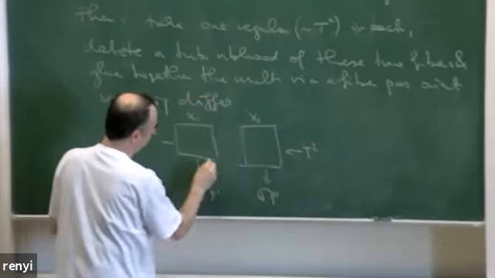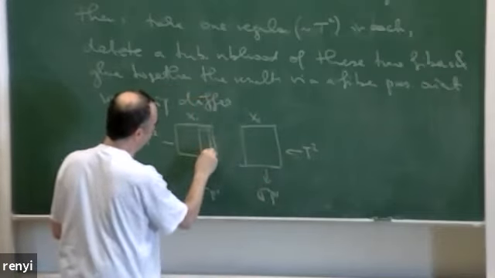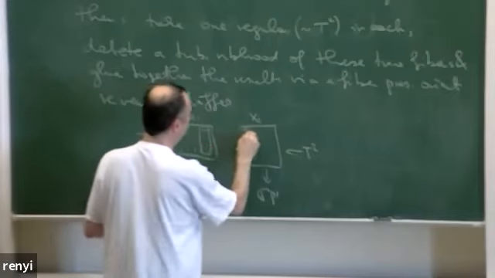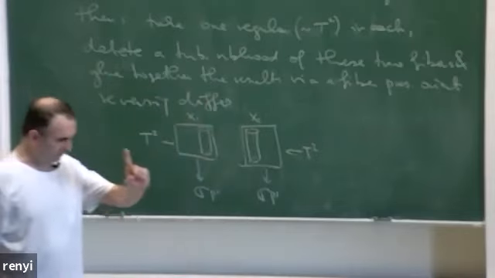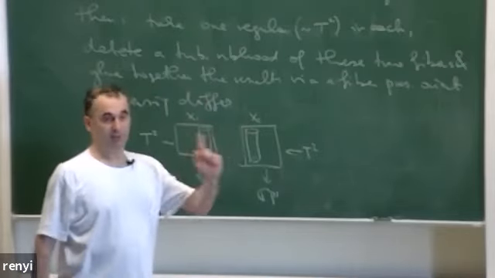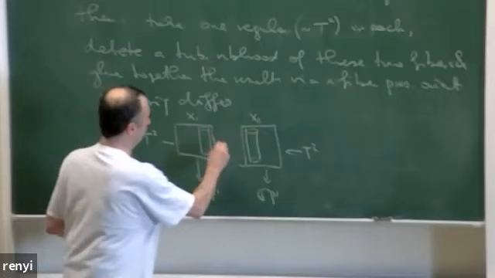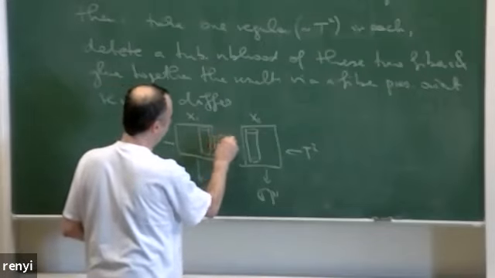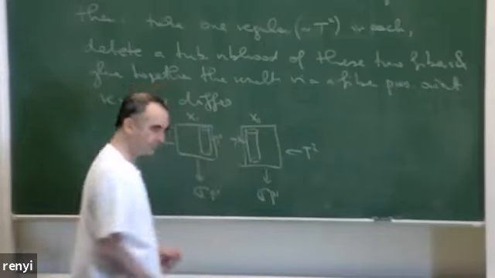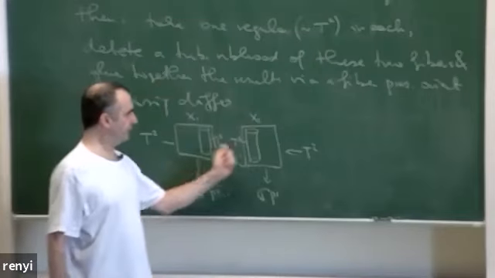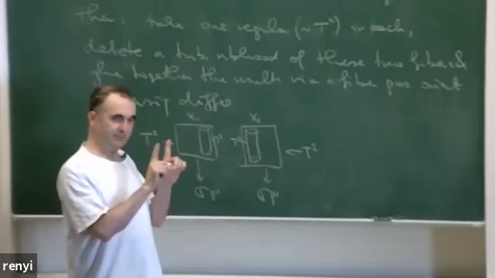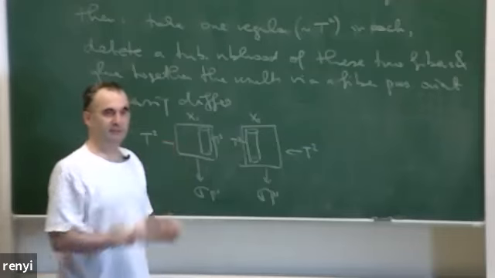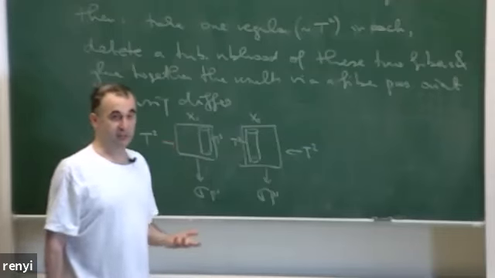Let's pick two regular fibers and take out their little neighborhood. As a fiber, T2 has trivial normal bundle. You can move around. So these boundaries will be both T3s. And we would like to have a diffeomorphism between the two boundaries, which keeps the fibrations, but reverses the orientation.